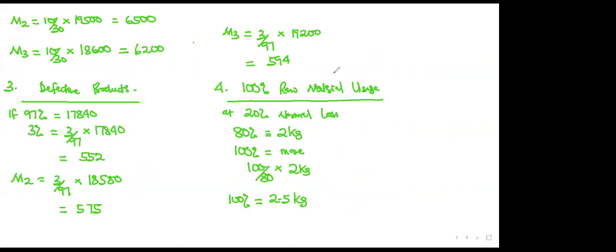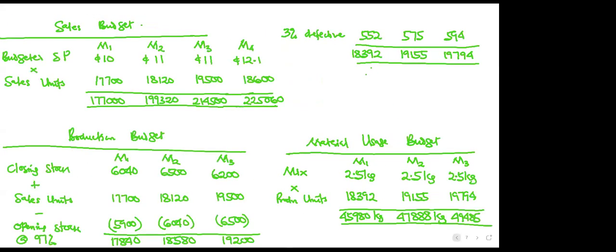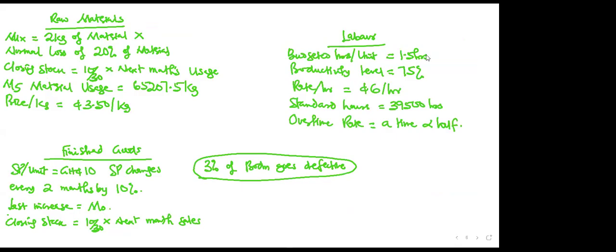For the productivity, let's do working 5 and say 100% labor productivity. They said the budgeted hours was 1.5 hours.